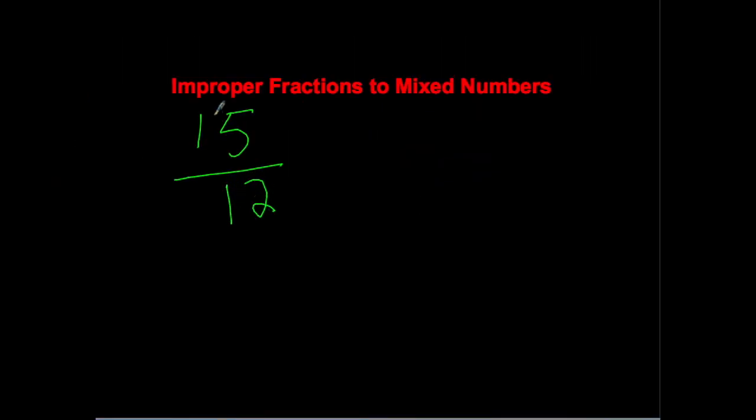Now let's say you have 15/12 and you want to write that as a mixed number. This is an improper fraction because 15 is larger than 12. First, let's reduce this fraction, because if you reduce it here, when you get the mixed number, you don't have to reduce it further. So what number can go into 15 and 12 evenly, meaning when you divide them, you don't get a decimal number, and it has to be the same number.